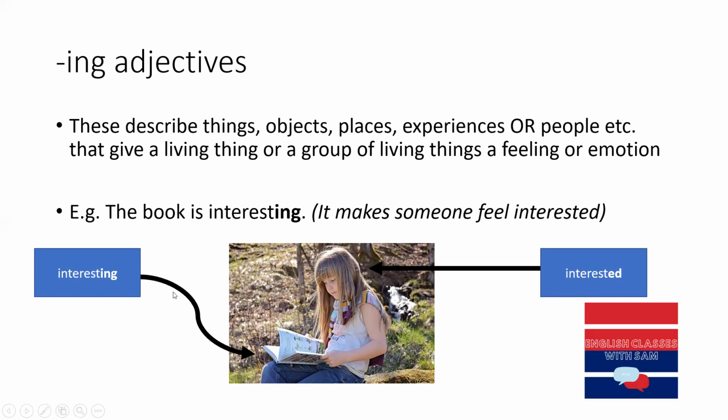So you see there how the book is interesting because it makes the girl feel interested. All right, so that is when we use the ING adjectives. So very often, as I said, for things, objects, places, and experiences.